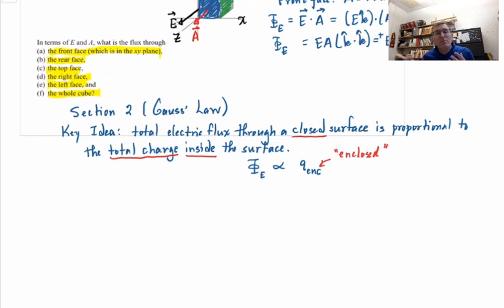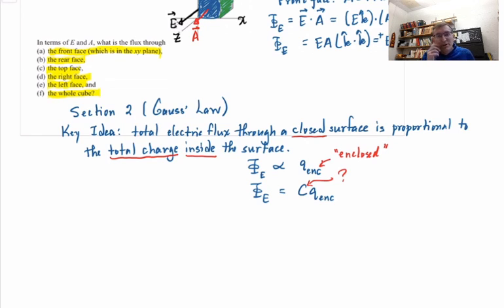I can't just say proportional. If I'm going to do quantitative calculations using this new law, I need a formula that says phi electric equals some constant, I'll label it for now C, times Q enclosed, and we've got to find what that constant is.